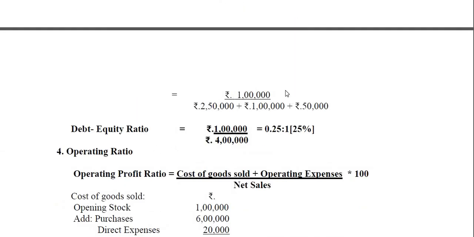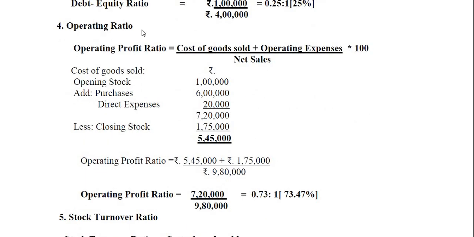As a result, if you simplify this formula and values, you will get 1 lakh divided by 4 lakh. Therefore, debts are 0.25 when compared to the equity 1. In other words, debt is 25% of the equity.